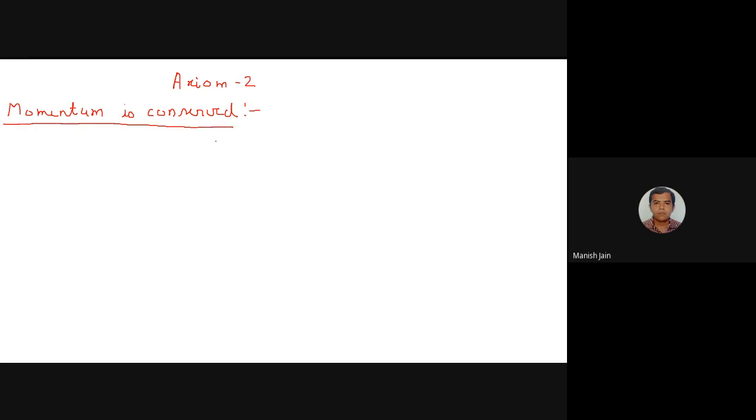Okay, so this axiom is basically the same as Newton's second law for the solid bodies. Basically, Newton's second law is defined for the solid bodies. If you use the same law for the fluids, it will become the momentum is conserved. Okay, so basically what Newton's second law is telling, change in momentum is equal to the force. Here also you have to add the force and add the momentum, that should be equal to.